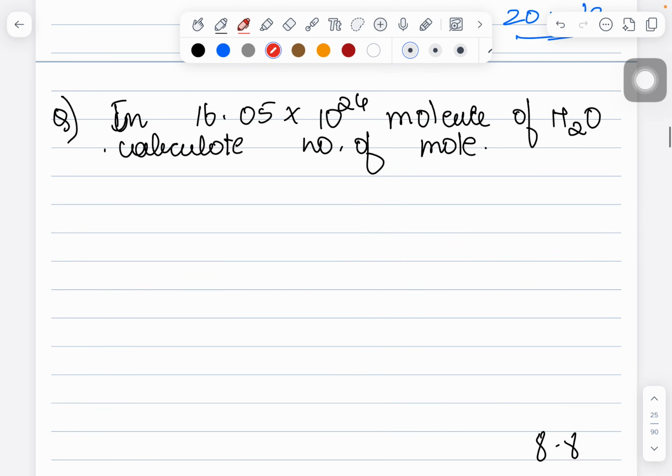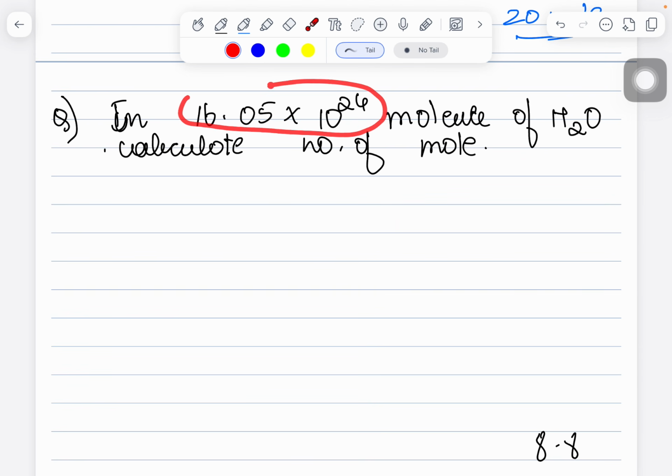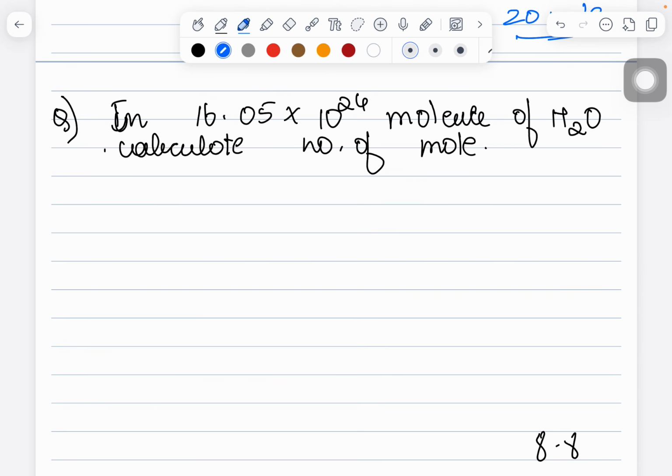Next question. In 6.05 × 10^24 molecules of H2O, calculate the number of moles. Again, they are asking for the number of moles. We have 6.055 × 10^24 molecules provided. We have to write the Na value. Na value is 6.022 × 10^23.